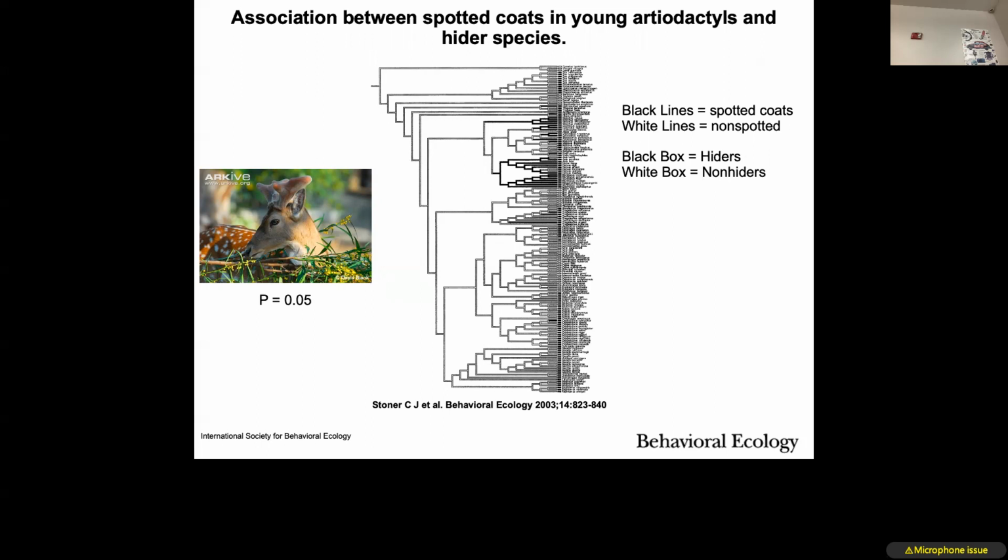And then they stop. They give the evidence in the stats, but then they stop. Have they explained it? And I didn't say interpret it. Have they explained it? And the answer is no. You got to go to the next step. Those ungulates with spots tend to hide more than ungulates without spots. You got to actually add the second part in it.